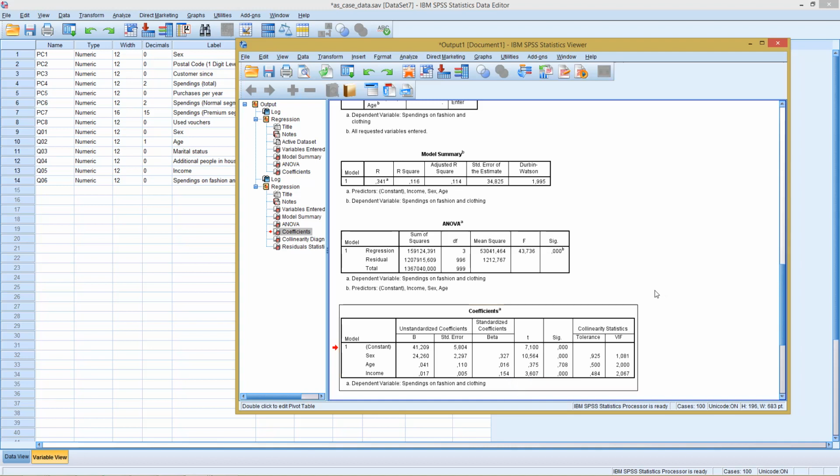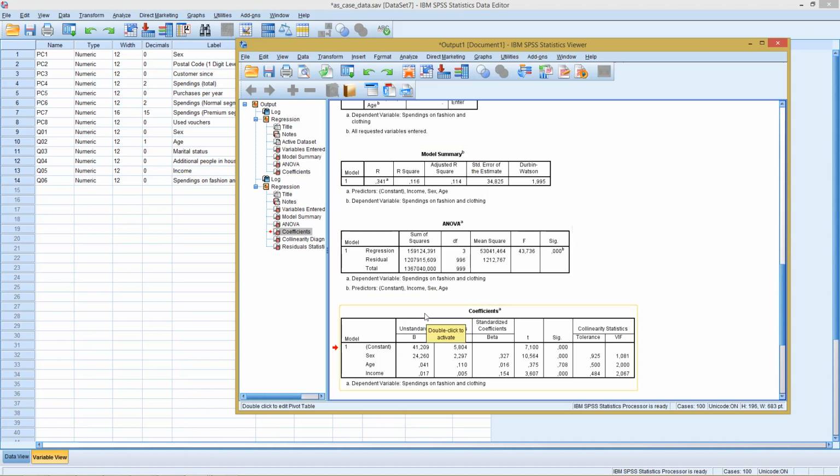Before we do this, however, please recall here the F value of around 44, our R squared of 11.6%, and the adjusted R squared, which is basically the R squared, but cleaned up for the number of independents.